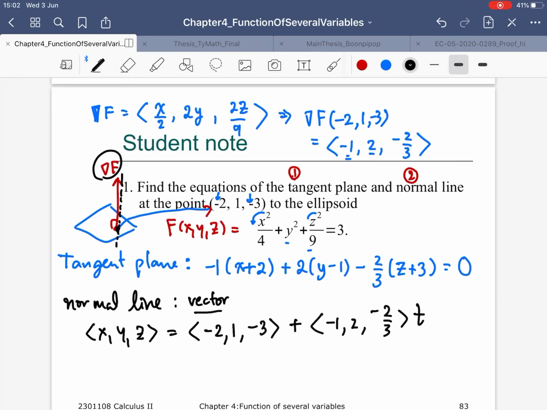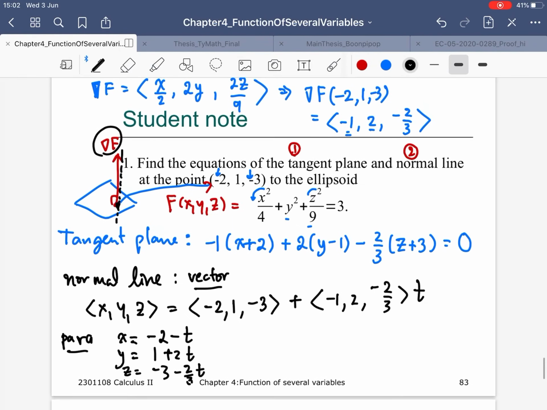Or if you want a parametric equation, you get x equals the point plus the vector component times t, y equals the point plus the vector component times t, and z equals the point plus the vector component times t.